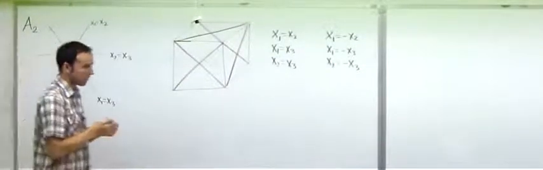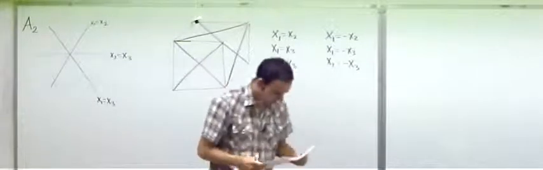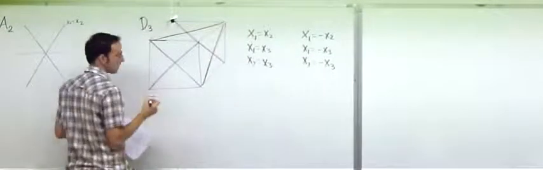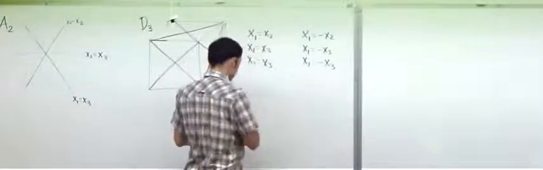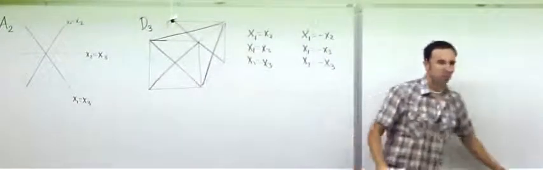And you'll see why in a second, but I'm going to be calling this one D3. There are a couple of things that these pictures have in common, and that's what I want to briefly discuss.